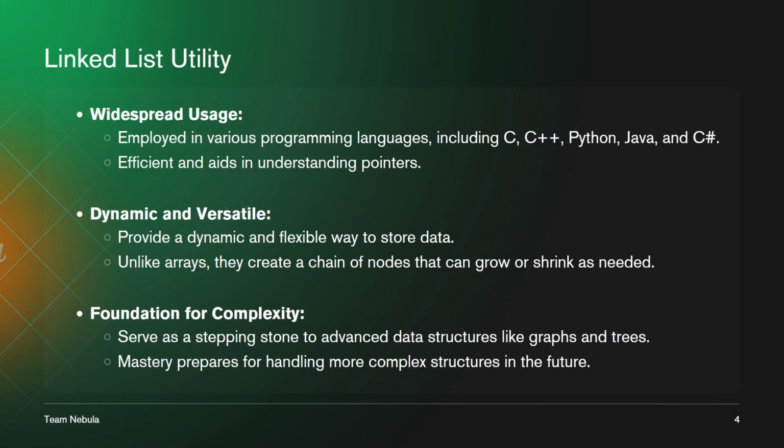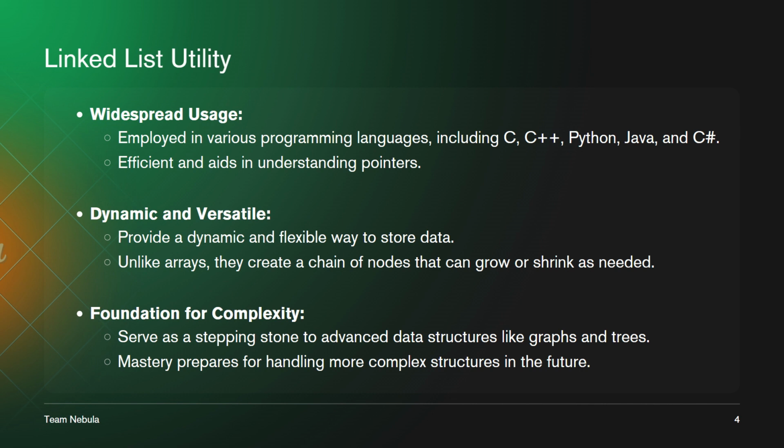Linked list utility. Linked lists are used in almost every programming language you can think of, such as C, C++, Python, Java, and C#. Linked lists are not only efficient but also a great way to understand how pointers work. Now, what makes linked lists so special? Well, they provide a dynamic and flexible way to store and organize data, right?